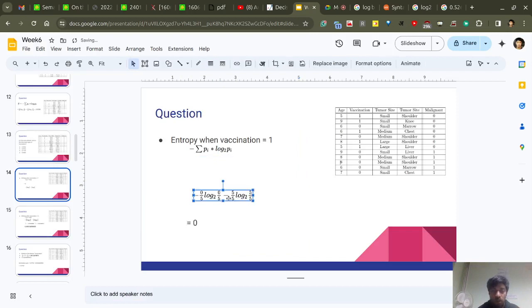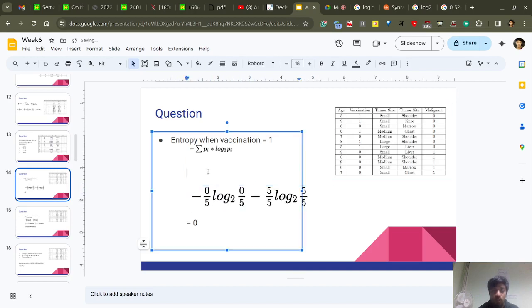So 0 by 5 is the number of labels equal to 1 when vaccination equal to 1.